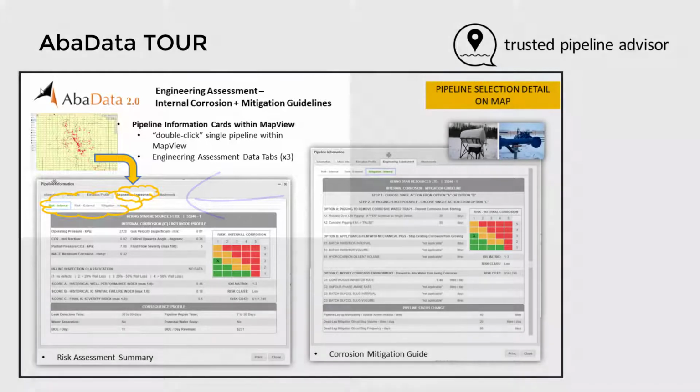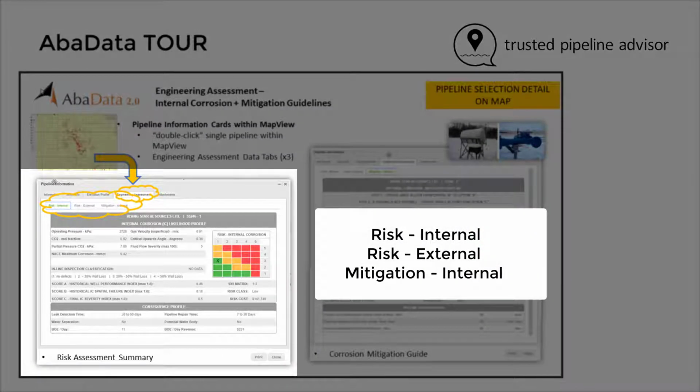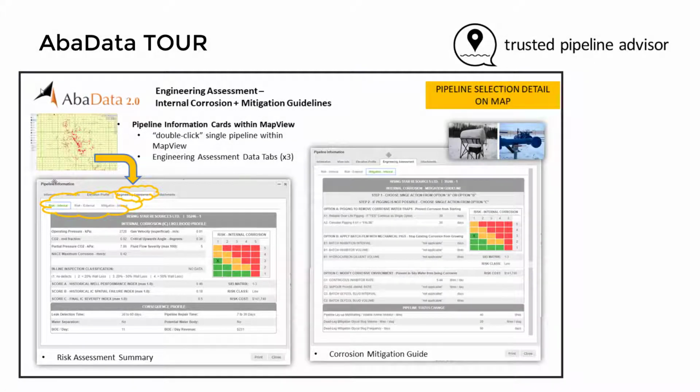Upon selection, the Engineering Assessment tab displays an additional level of 3 information tabs, including Risk Internal, Risk External, and Mitigation Internal. The Risk Internal Corrosion tab provides details of key calculated parameters that contribute to the corrosion likelihood assessment for the pipeline.